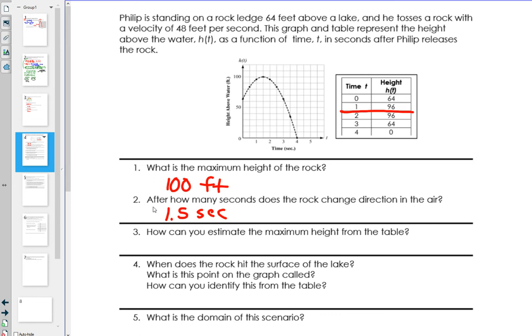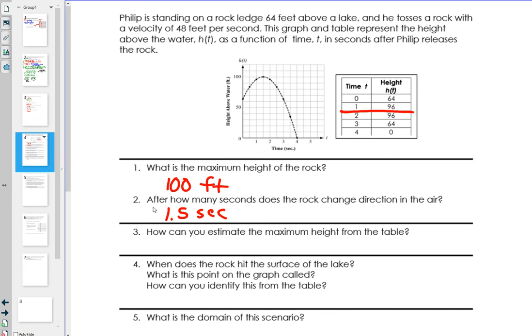What they're saying is, if I couldn't look at the picture, if I only had a table, can I estimate the vertex? Well, definitely the time. What time is in between 1 and 2 seconds? 1.5. Now the height would be a little bit trickier. At 0 seconds, it started off at 64, and then it went up from 64 to 96, that's 32.